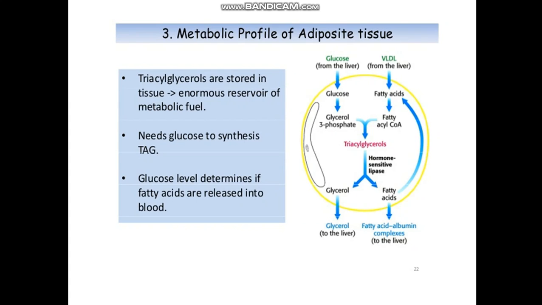Here you can see in detail that glucose from the liver and VLDL from the liver come to adipocytes, and this produces glycerol 3-phosphate and fatty acyl coenzyme A, and triacylglycerol is synthesized, and then again hormone sensitive lipase degrades them into glycerol and fatty acids.